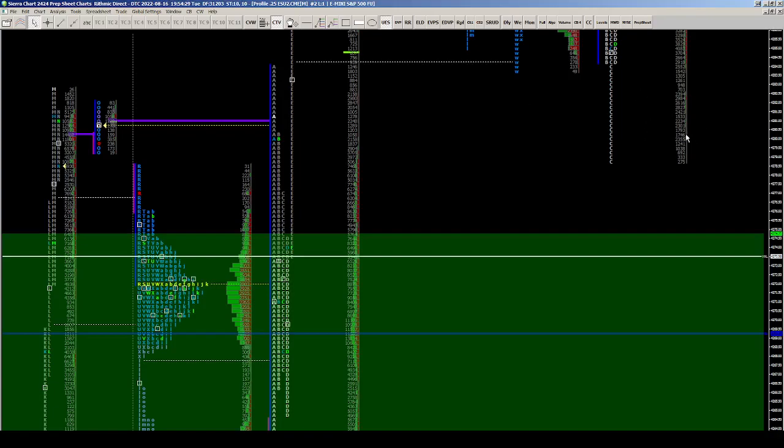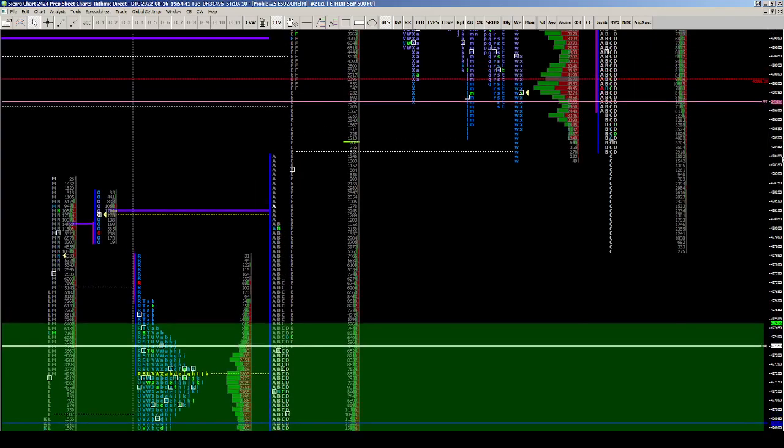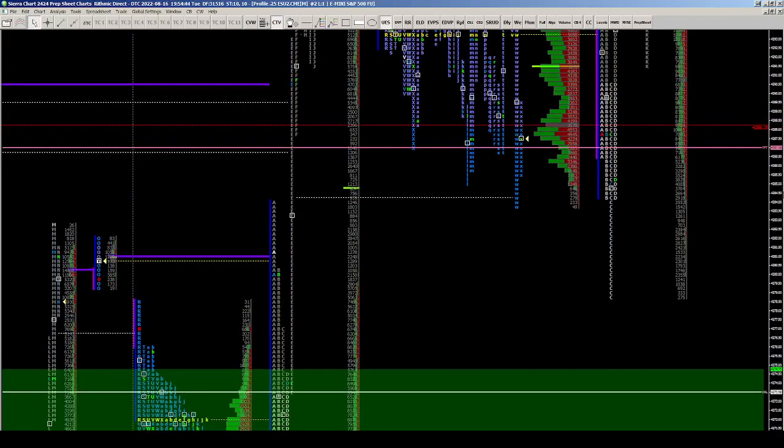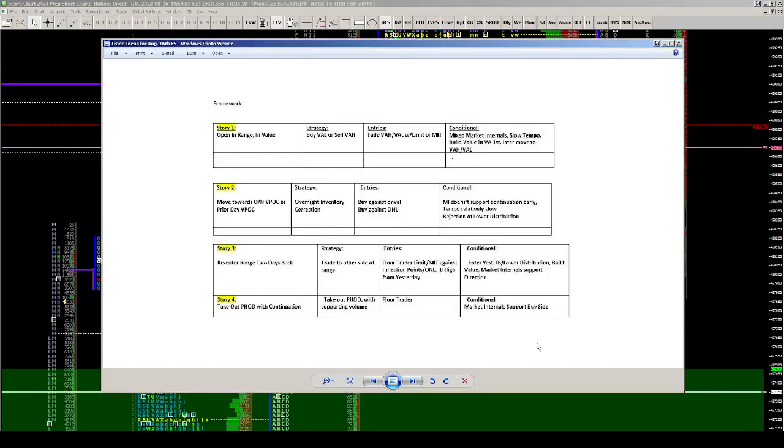But we didn't build value, and because we didn't build value, when we came back out of here, that would be a signal to get long as it comes back into the overnight range. I think that's one of them I took and it worked out. But that's sort of what happened. And again, we anticipated what might happen coming into the day.